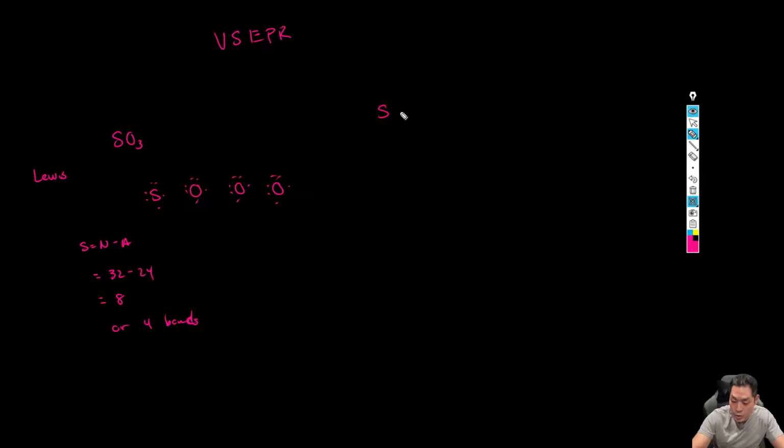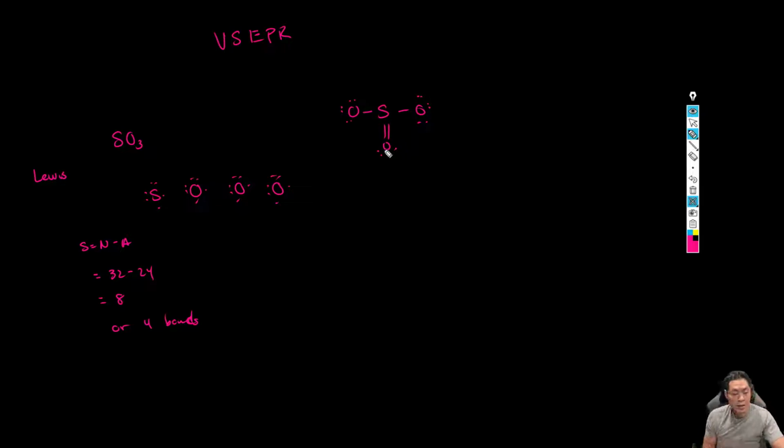So here's our Lewis structure: sulfur, oxygen, oxygen, oxygen, and we need 4 bonds. So how does that work? You're going to put one more bond on one of these oxygens, it doesn't matter which one. Now let's make sure we got everything correct. Each oxygen has its electrons, and sulfur has 1, 2, 3, 4, 5, 6, 7, 8.